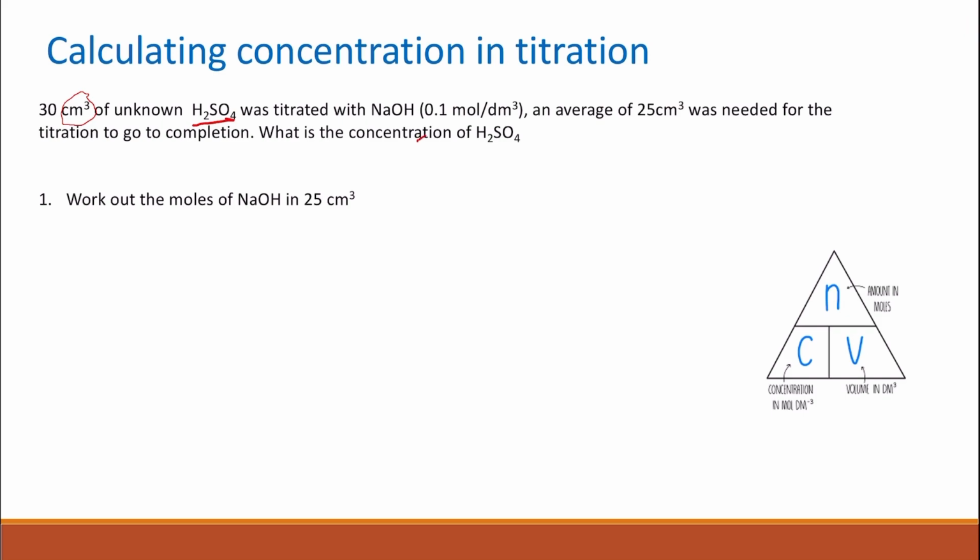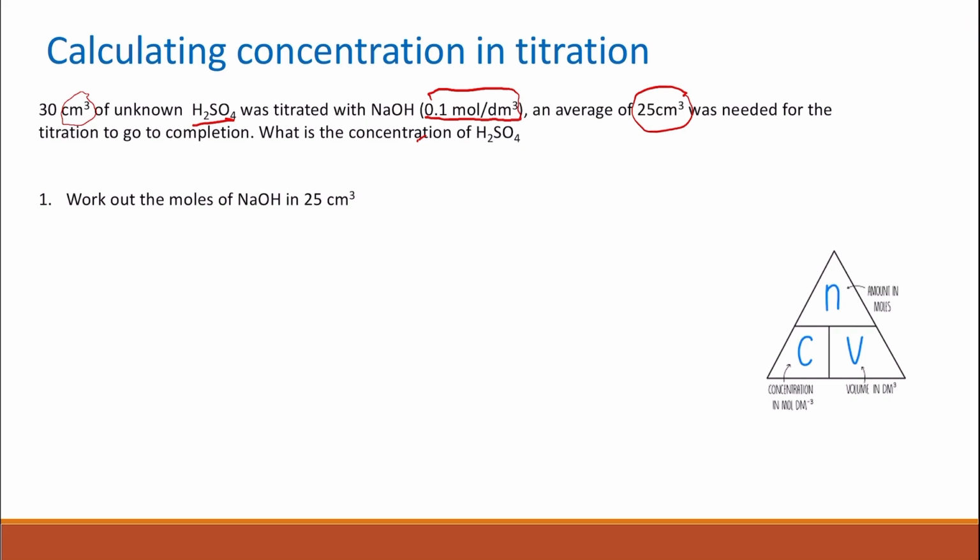The concentration of sodium hydroxide is 0.1 mole per decimeter cubed. And the volume of sodium hydroxide that is used to completely react with the sulfuric acid was 25 centimeter cubed. So what would be the concentration of sulfuric acid?